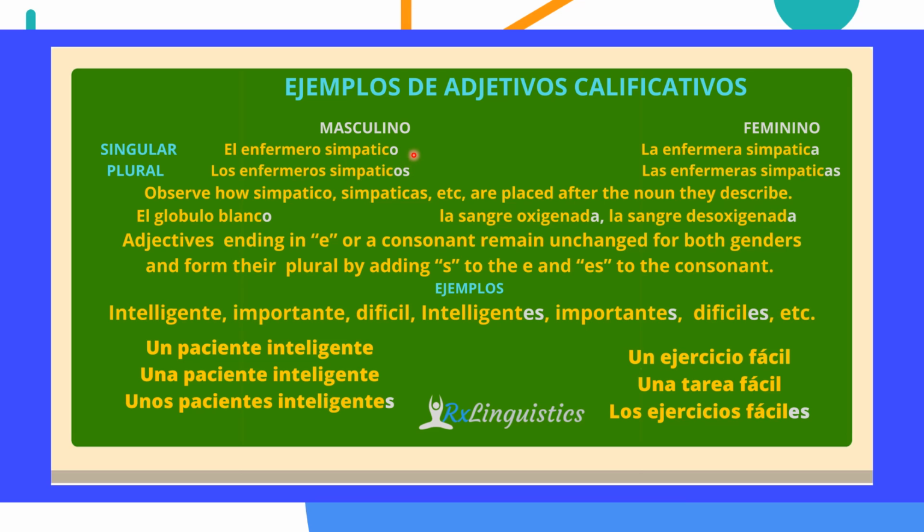When you see a noun or an adjective ending in O, in general, it's masculine. And when something ends in A, and this A is A in English, but in Spanish is called A, the general rule is it must be a feminine noun or adjective. There are exceptions, but that's the general behavior.